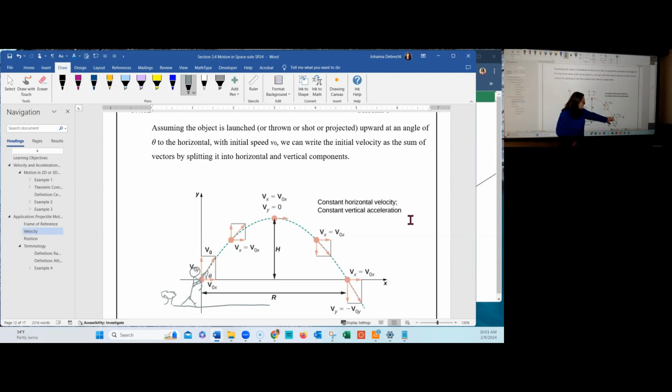Notice over here that when it reaches the plane of the horizontal, in other words, even with the height at which it was shot, which is not the ground, the ground is further over. This is where it hits the ground here.